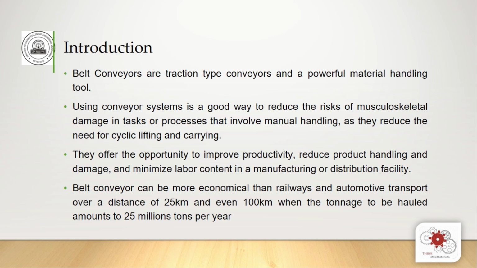That means we just have to place an object on a belt conveyor and it will transport it to the end of the belt conveyor system through machine operated belt conveyors. They offer the good opportunity to improve productivity, reduce product handling and damage and minimize labor content. That means the operational cost gets reduced due to this belt conveyor system.